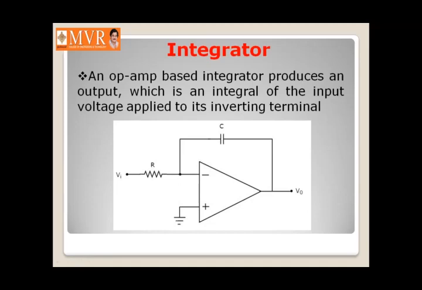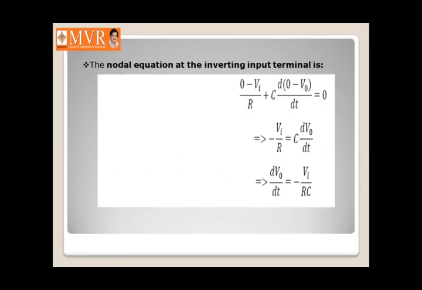So by considering that, if you write the nodal equation at the inverting input terminal: 0 minus Vi divided by R in that path, plus C into d by dt of 0 minus V0 in the feedback path, which is equal to 0. By solving this equation, you can observe that dV0 by dt is equal to minus Vi by RC.